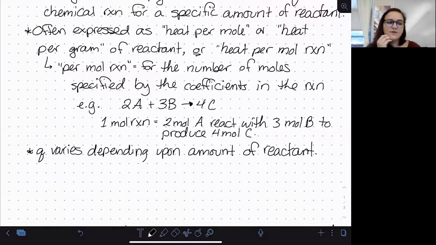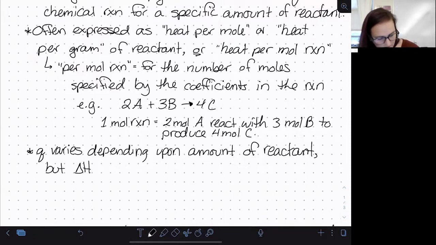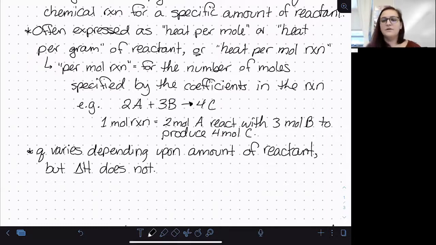But delta H does not, delta H is always the same. So that allows us to have one value that is standard, because if we're saying that delta H is this much heat for every 1 mole, it doesn't matter how many moles you're actually reacting, that ratio of heat to moles is going to stay the same. Whereas Q is just heat. It's the amount of heat transferred by however much stuff you happened to be reacting.